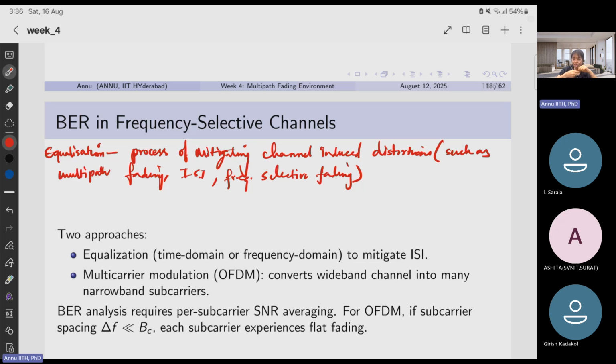Why is it needed? To combat ISI, to improve bit error rate, to allow higher order modulation like QAM, OFDM, and to enhance spectral efficiency by enabling denser signal packing.